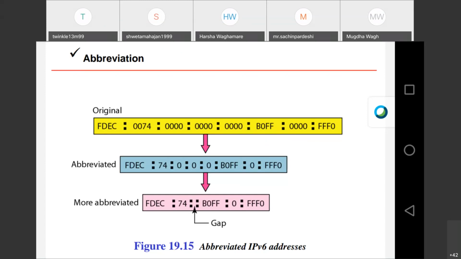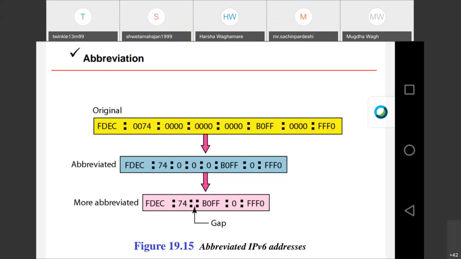Here in the example, in the original address, you will find there are 8 blocks separated by colons. Now you have to see if there are contiguous zeros. Here the third, fourth, and fifth blocks contain zeros.